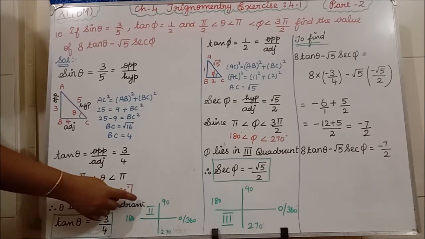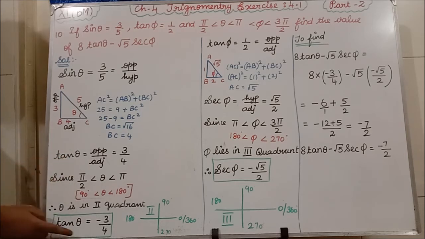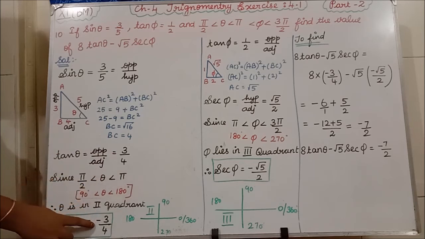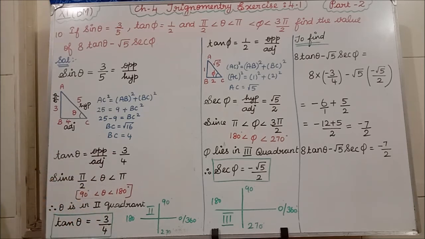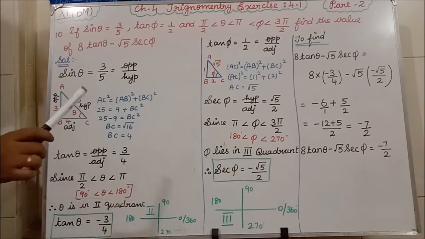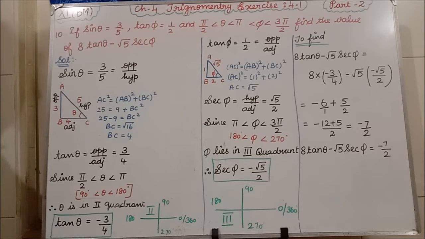In the second quadrant tan theta is not positive. So see, the same answer, tan theta equal to 3 by 4 we have got. Now we should not write 3 by 4, we have to write minus 3 by 4. Why? Because theta is coming in the second quadrant, and in the second quadrant tan theta is not positive. It is negative. So tan theta equal to minus 3 by 4 is the answer.